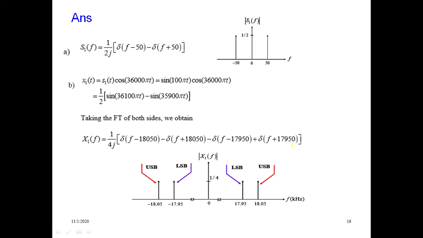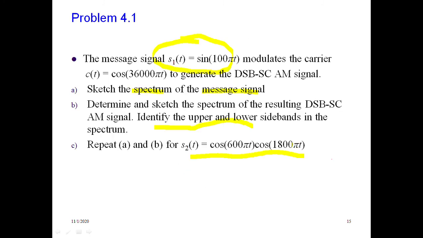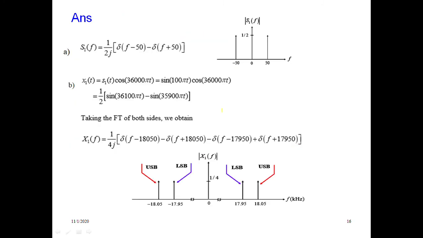So for the signal, which is sine 100 pi t, that means F is equivalent to 50, because 2 pi ft is equivalent to 100. So F is equivalent to 50. That means the Fm will be located at minus 50 and 50.